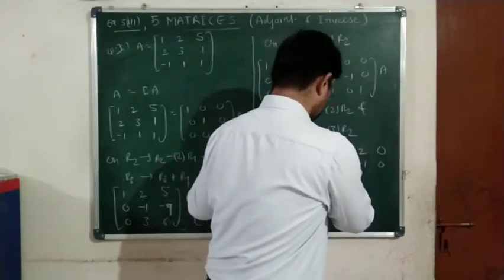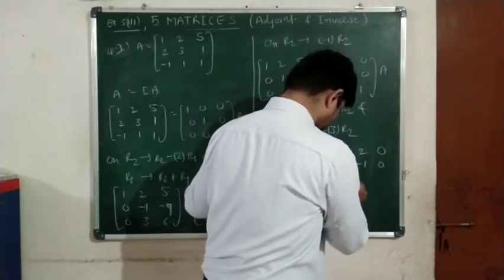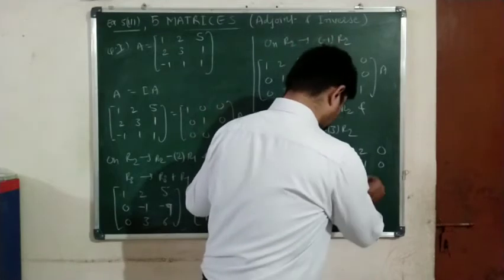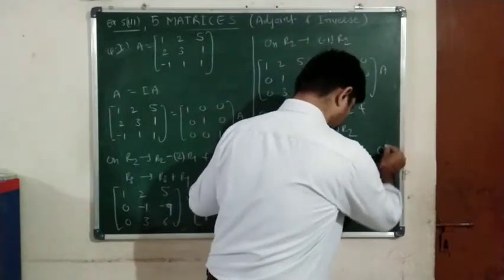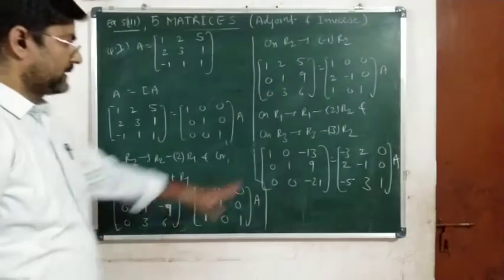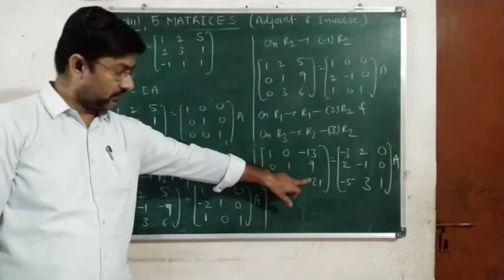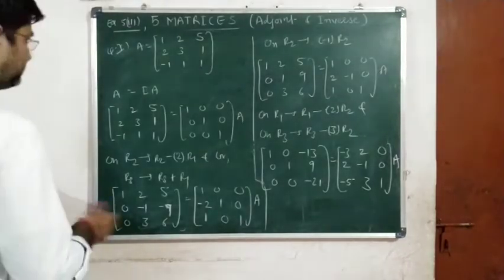Okay, now by 3: 3 minus 3, 3 2s are 6, 1 minus 6 is minus 5 plus 3, and 1. Okay, so this is done. Now first and second columns are complete. Now 1 0 0 we need to bring, so let us do that.